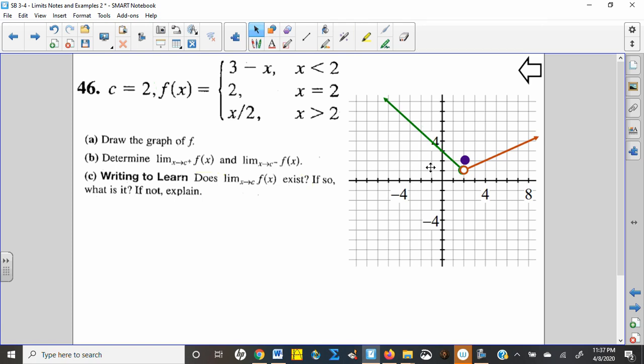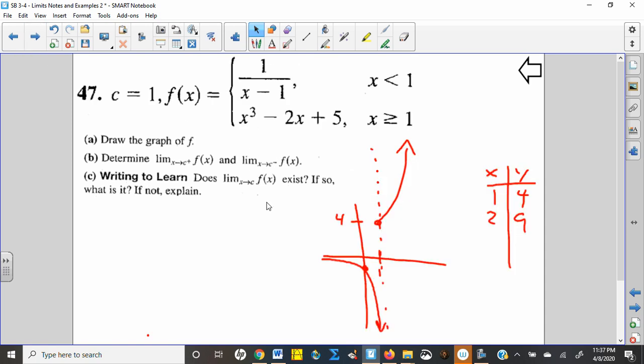So 45, 46, very similar, just slightly different, but the small difference did make a difference, and the limit existed on 46. This one was kind of weird because you had a rational function that was approaching its vertical asymptote on the left side, and so I drew this guy going down. On the right side, it was a cubic, so I plugged a 1 in, and I got 1 minus 2 was negative 1, plus 4, is 3.